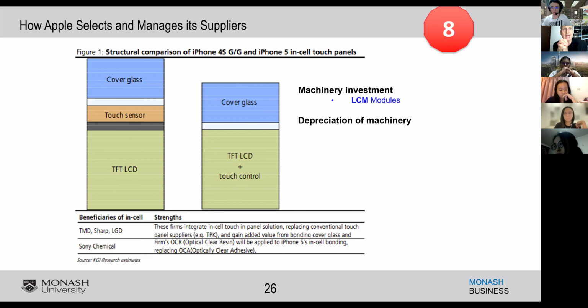And so what Apple, this is a very critical area of the assembly. Apple had its special technology of machinery investment, and I told you about this in earlier weeks. They would actually put the machines in LG, like LG was one of their major suppliers of LCM modules.